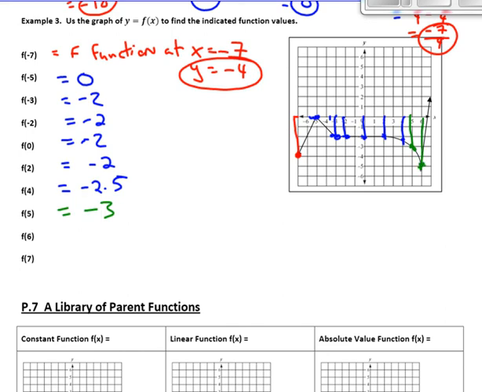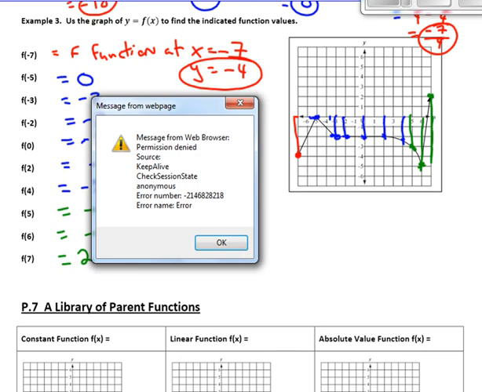It's way down here at negative 5. And finally, negative 7 actually goes up here, is up here at 2. And that's using the graph in order to find out the function values and plugging in numbers to evaluate the function values.